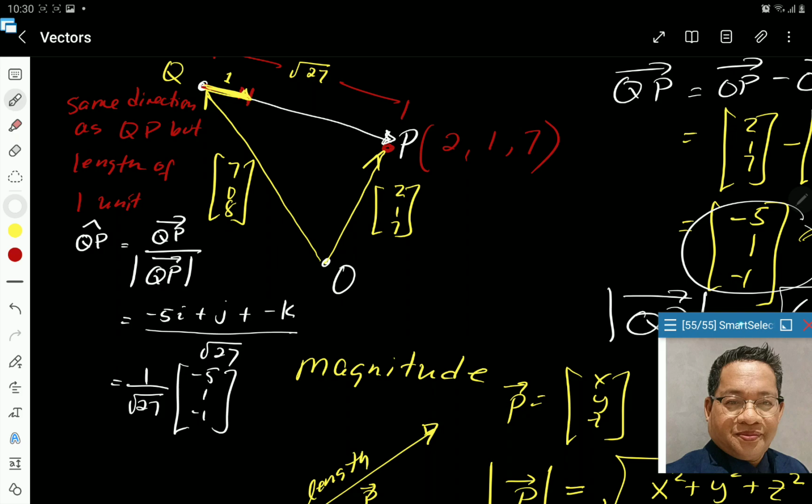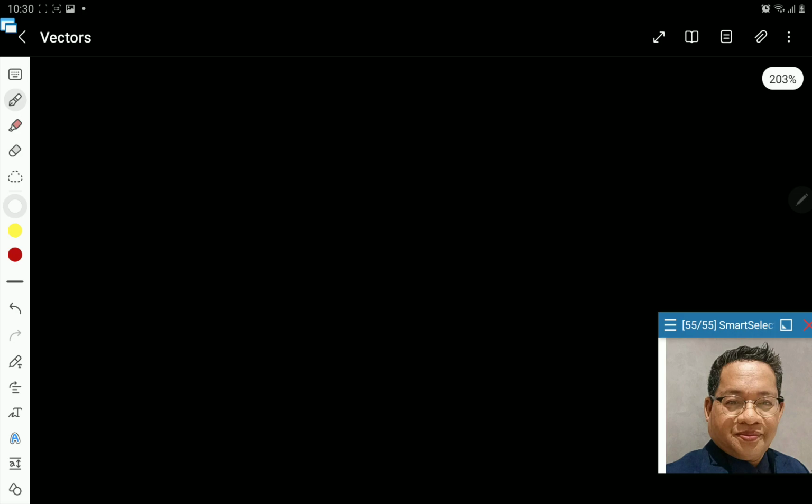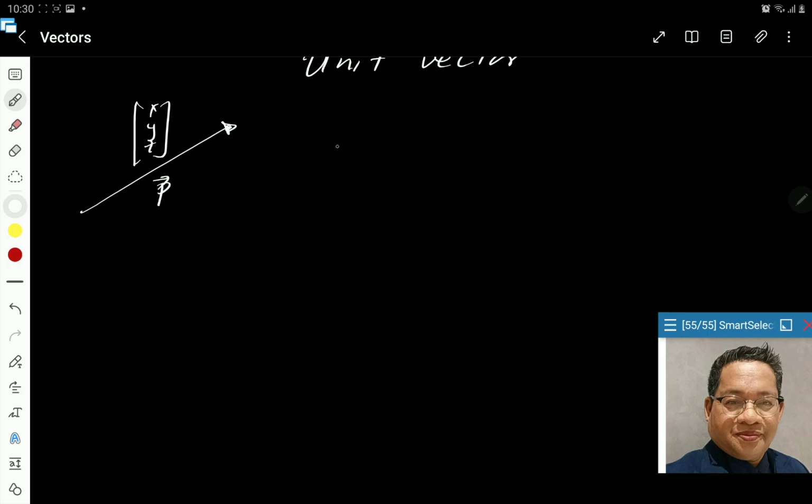Okay, so just to summarize, let's say that I have this vector xyz, and let's say that this is vector p. So the unit vector of p is equal to 1 over the length of that vector p times the vector itself, xyz.